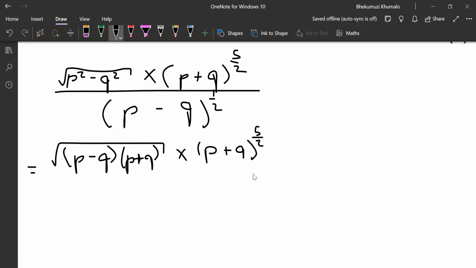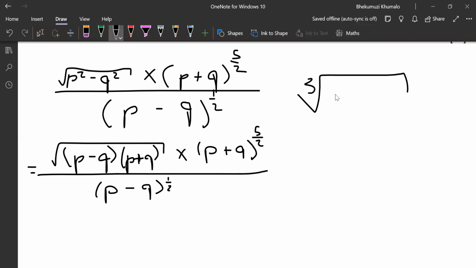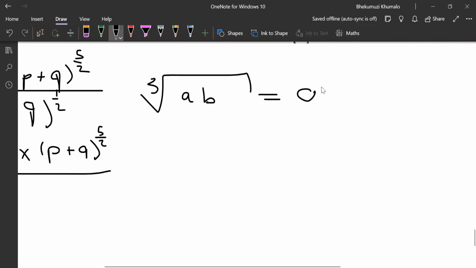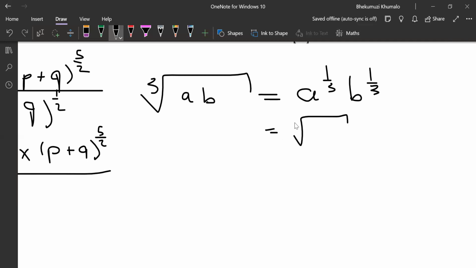But now, or divided by, okay, so what we want to do in this case, we want to try and get the exponent for each, right? And we'd use the third rule. Remember the third rule that says if we have, for instance, the cube root of a and b, that could be written as a to the 1 over 3 and b to the 1 over 3. Or you could have written it as the cube root of a times the cube root of b, correct?